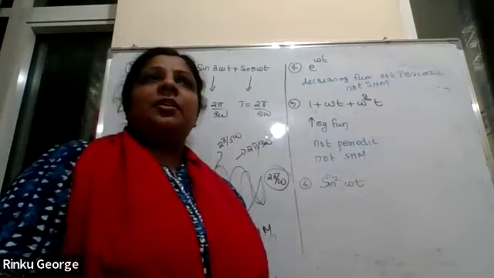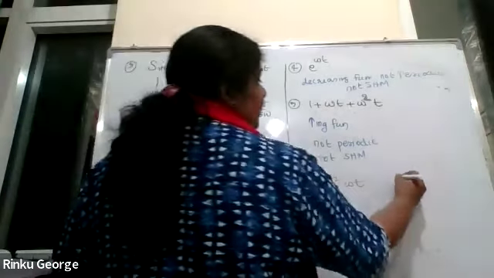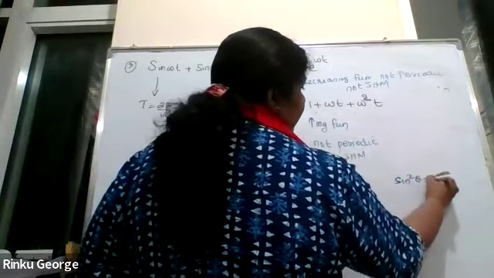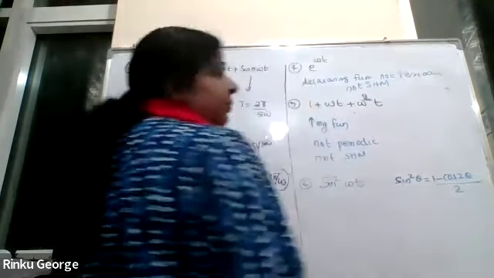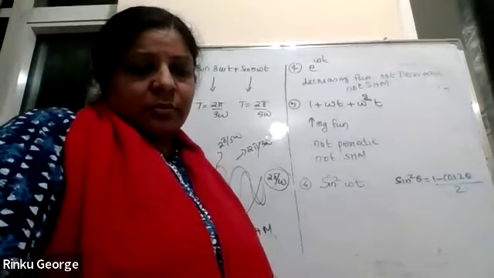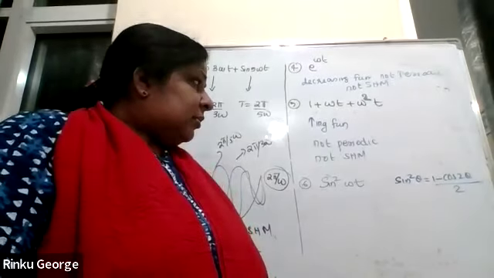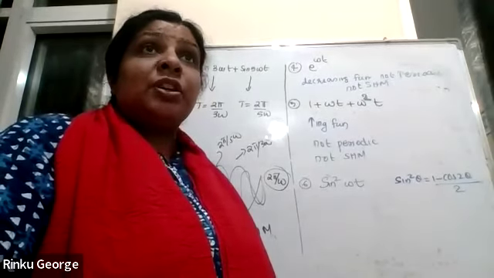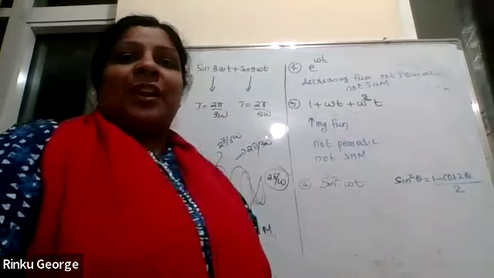What is sine square theta? 1 minus cos 2 theta by 2. The square, you should remove the square. That is our aim.